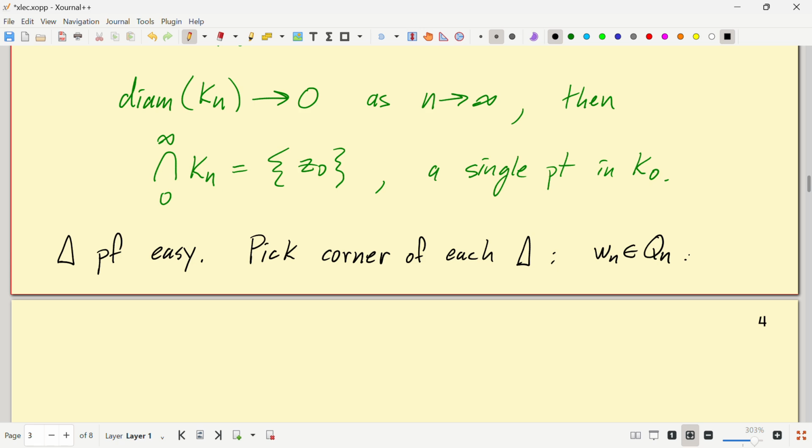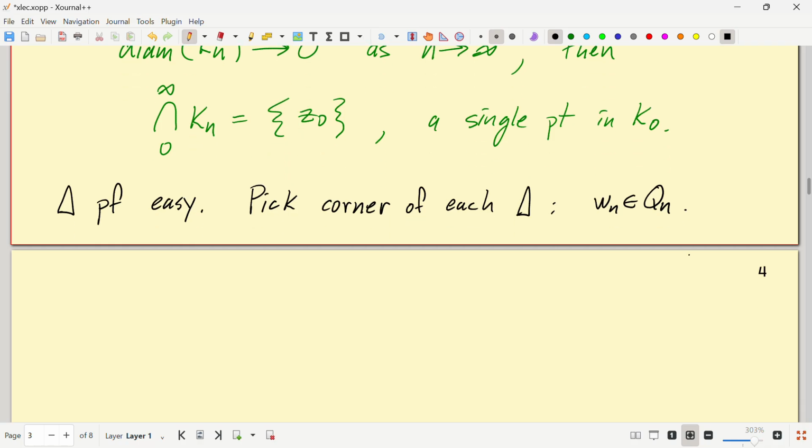Then it's really easy to see that each of those are in smaller and smaller triangles, and so they're getting close. The diameters are going to 0, and the fact that the diameters are going to 0 shows you that that's a Cauchy sequence. W_n is Cauchy.